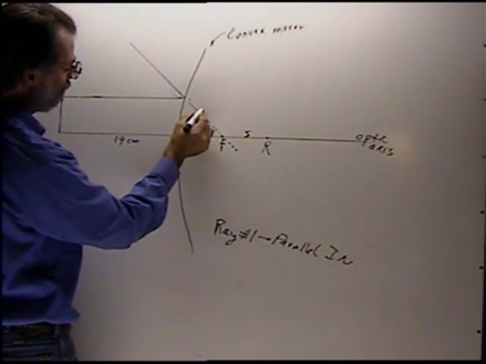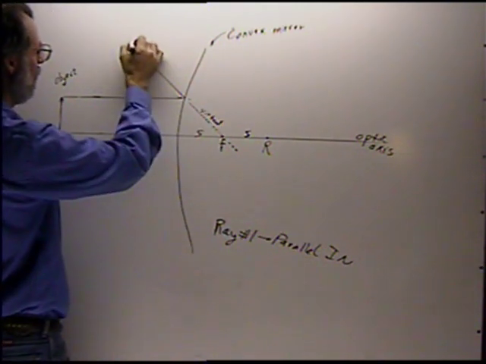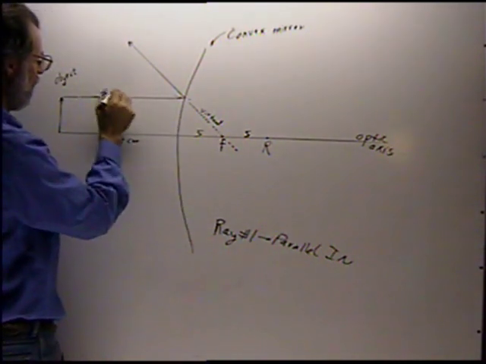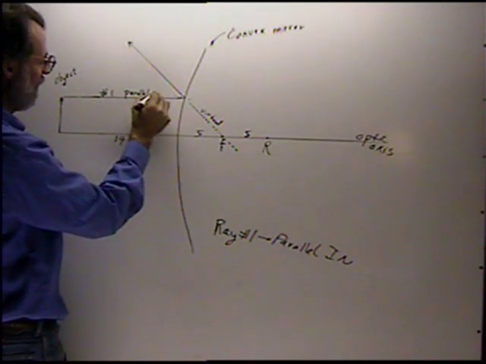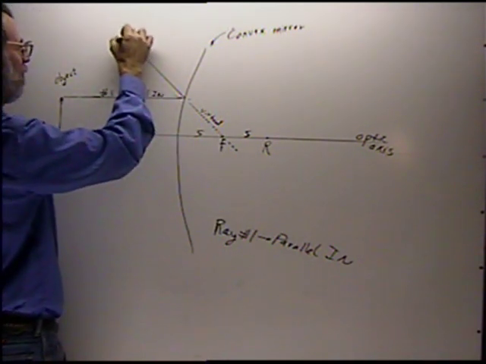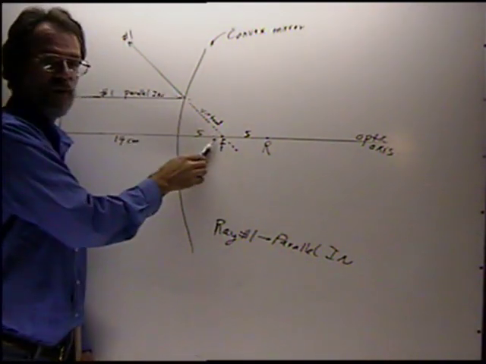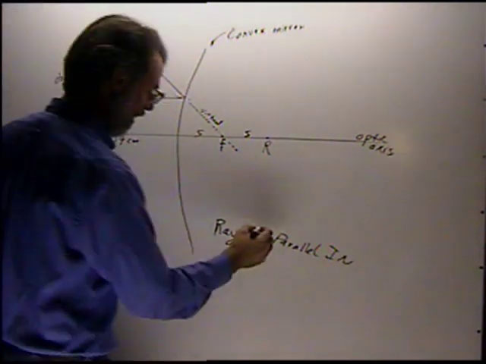This is a virtual ray, of course, but the virtual ray will look like it came right through the focal point. So this is number 1: parallel in, and it comes out as if it came through the focal point right here. Hope that makes sense. That's ray number 1.